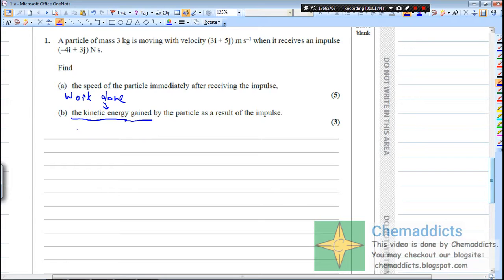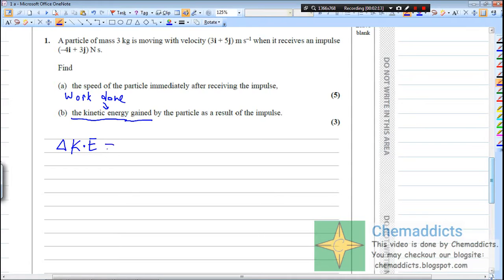Here kinetic energy gained, let us denote this as delta KE, which is the change in kinetic energy. The change in kinetic energy will be equivalent to the kinetic energy gained.